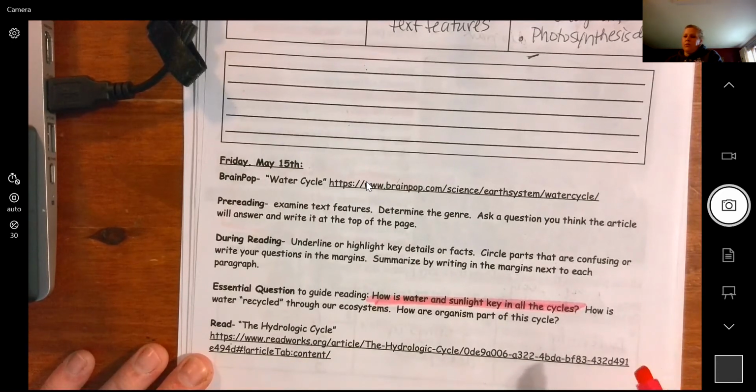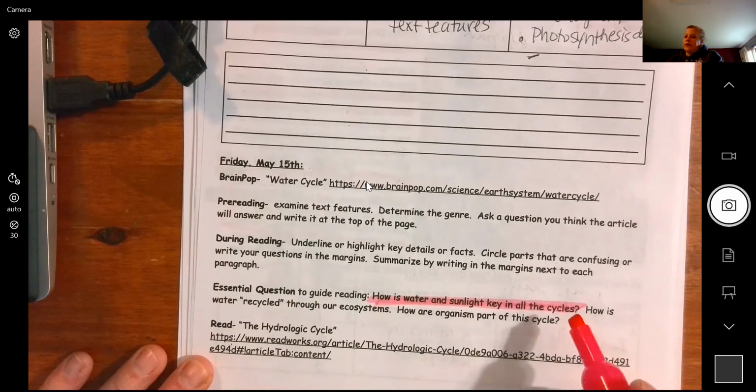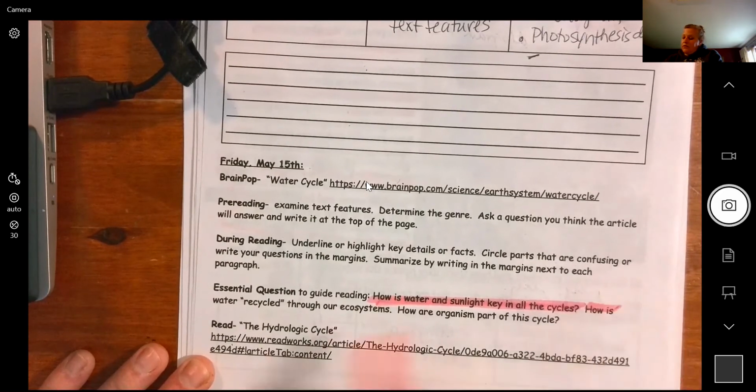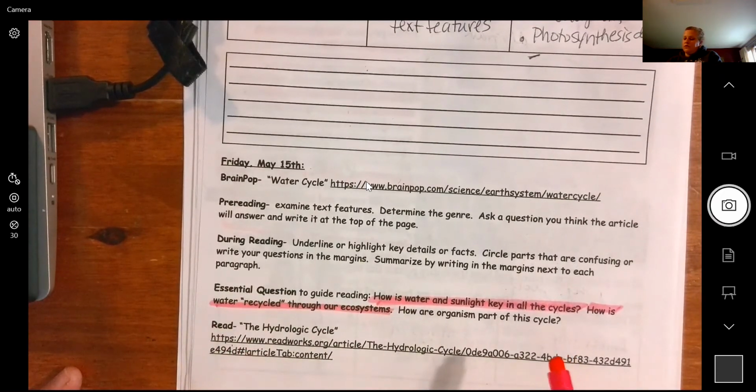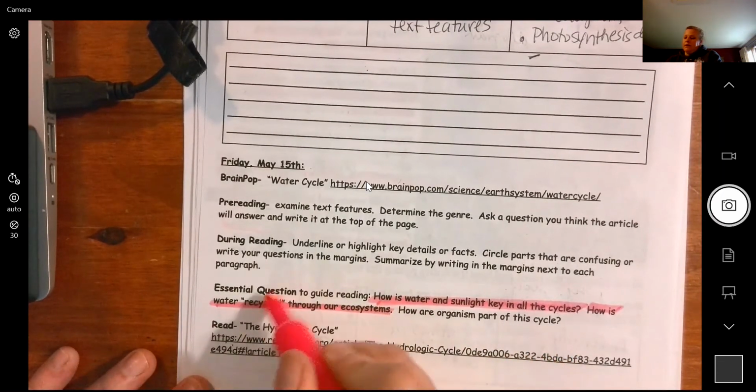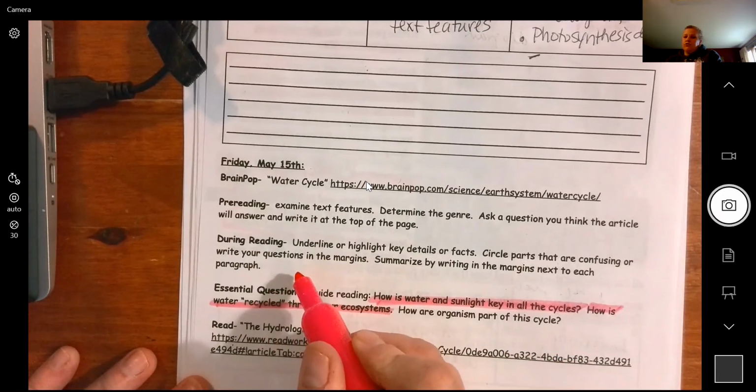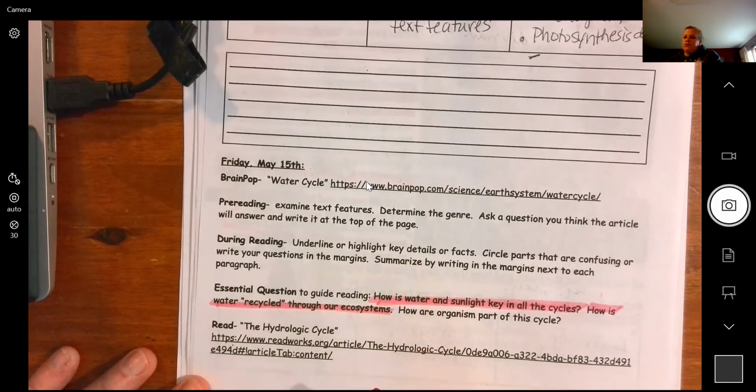If we don't have water, we don't have the plants. We don't have plants, we don't have the food web. We don't have plants, we don't have the carbon cycle. We don't have plants, we don't have a nitrogen cycle. And also, this is how water is recycled through the ecosystems. We talked a little bit at the beginning about how the water that we drink is the same water the dinosaurs drank. It's just recycled for millions of years.